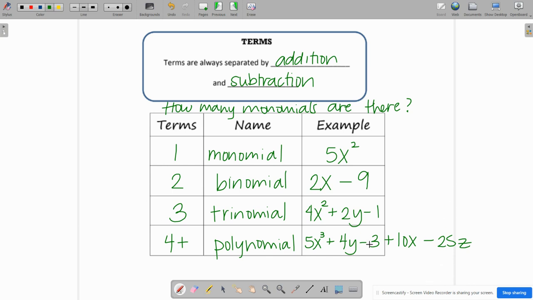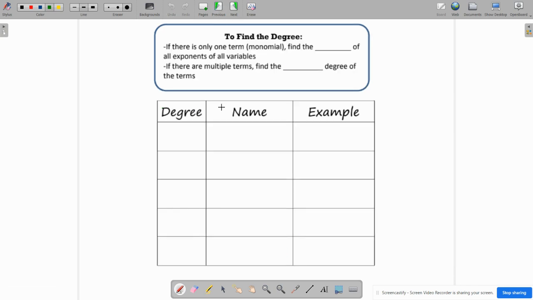So the number of terms makes up the second part of the name. I said I was going to go back to talking about degree. So let's take a second and do that. So to find the degree, again, this does not mean degrees in an angle measurement or degrees Fahrenheit for temperature. This means something new. So when we're looking for degree, it depends on if we're talking about only one term, meaning a monomial, or if we're talking about multiple terms.